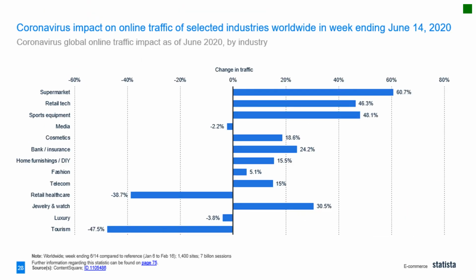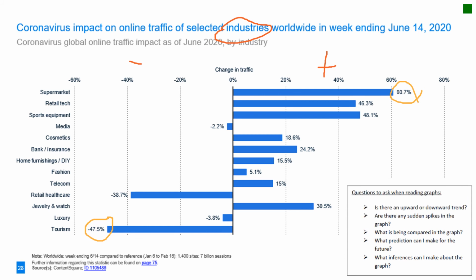Another interesting way of taking a look at the coronavirus and its effect on different industries is taking a look at an opportunity here to look at positive changes and of course negative changes. So when I take a look at this particular graph, we can see that once again that change in grocery stores was the biggest change, whereas as we already talked about with the hotel rates and the hotel usage, that tourism was going to have the most negative.